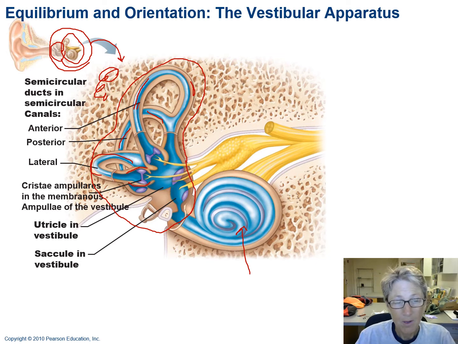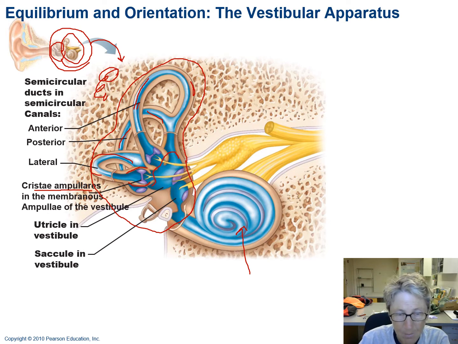And within the ampulla of the canals, or the ducts and canals, I guess, are these receptors called the crista or cristae ampullaris. And then another part of the vestibular apparatus is this area.